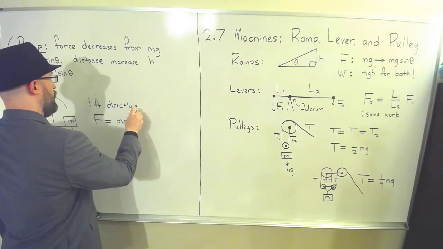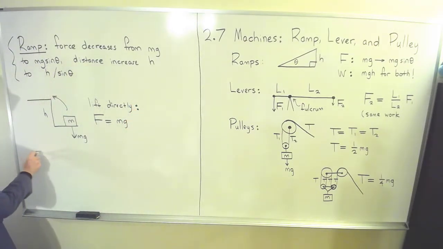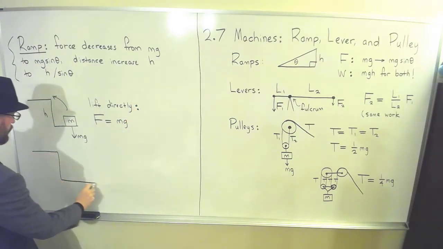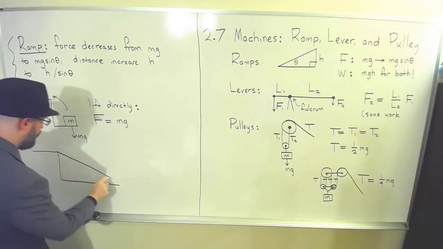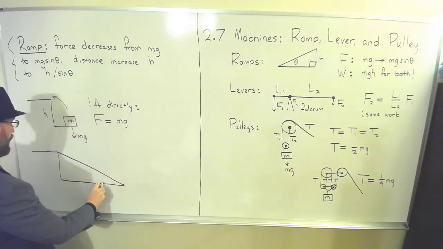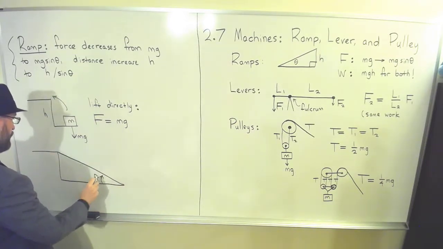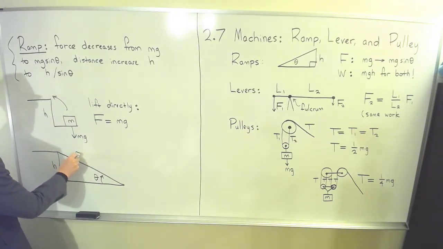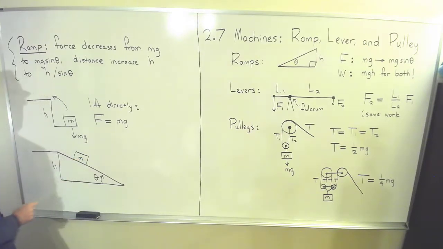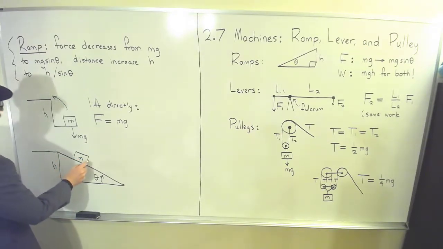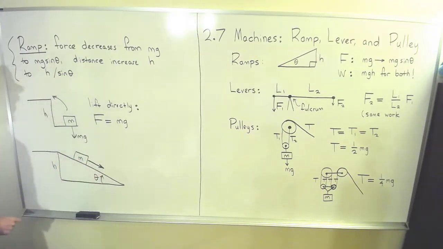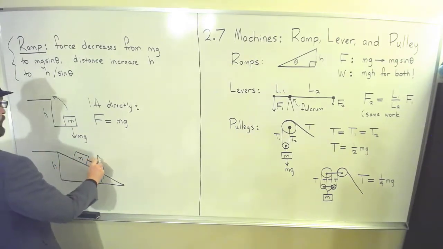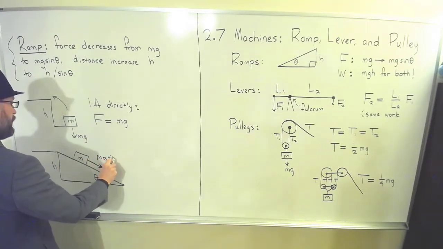So if instead you push it up a ramp where the angle here is theta, well, then from our inclined plane problems, we remember that the component of force going down the ramp here is mg sine theta.